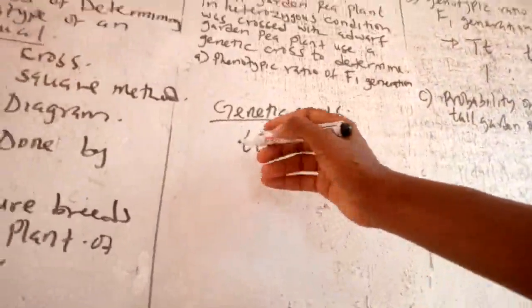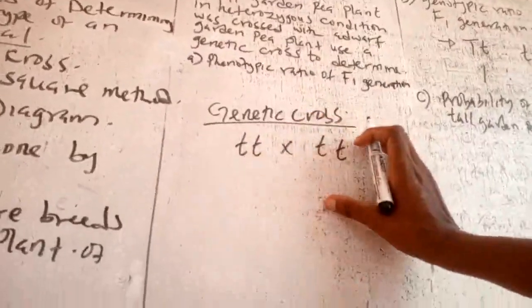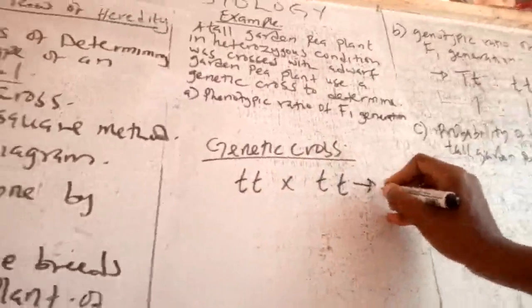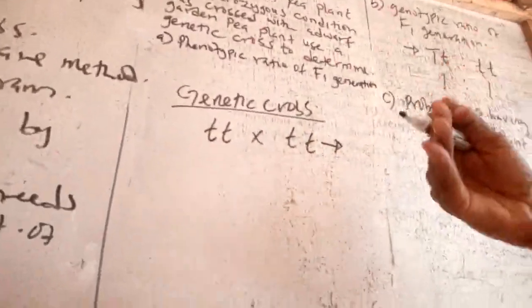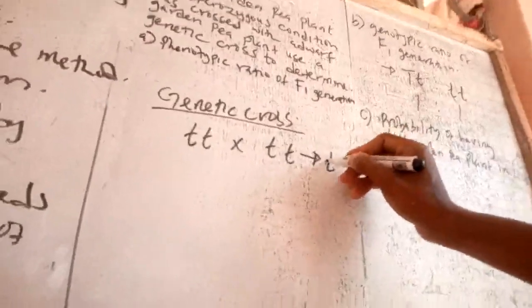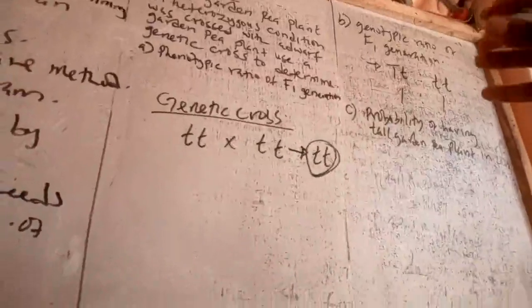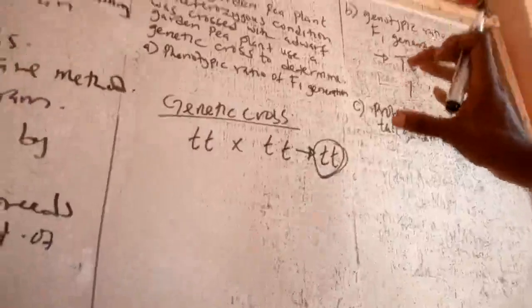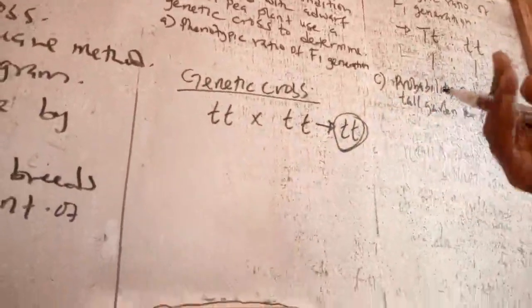And as far as these two crosses are concerned, the results yielded that in all the generations were tt. The genetic makeup of all the offspring was small t's, meaning that all of them were dwarf.